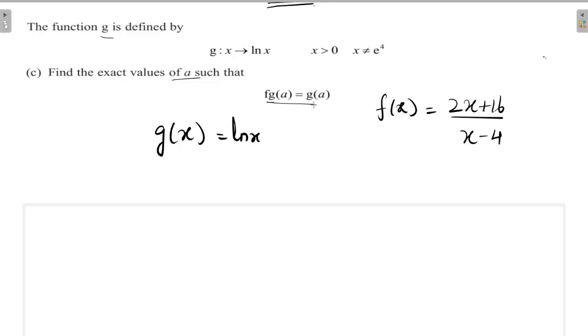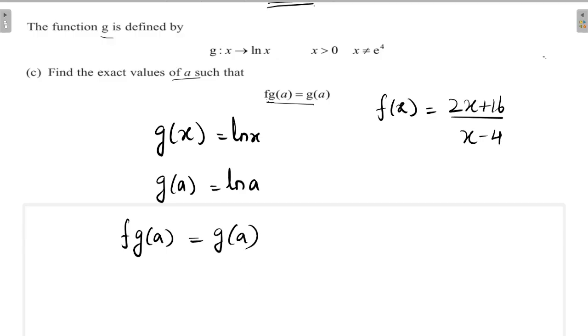Now what is given here? F g of a is equal to, what is g of a? G of a is equal to ln a. F g of a is equal to g of a. So in this f of x, we are going to replace x by g of a.